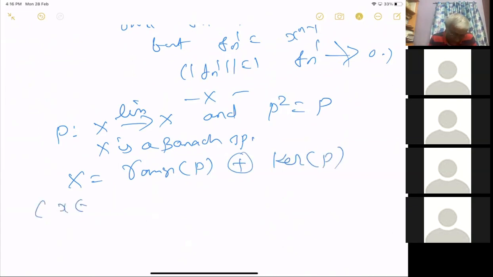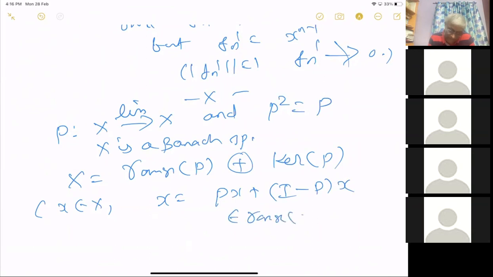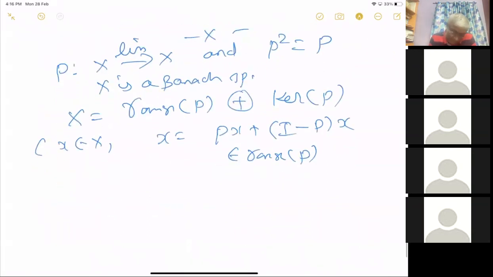If we have x in X, then x equals Px plus (identity minus P)x, right? Now Px is in the range of P, and P of (I minus P)x equals Px minus P squared x, which equals 0.